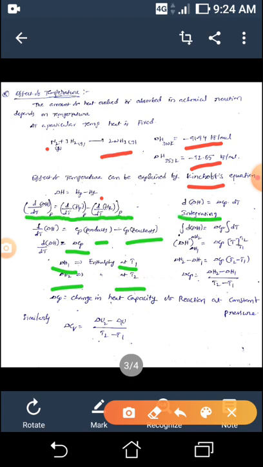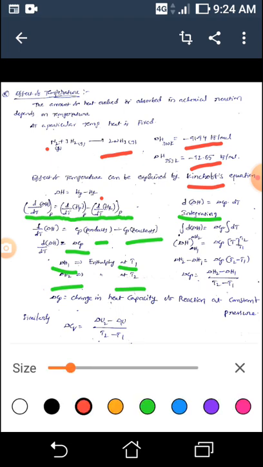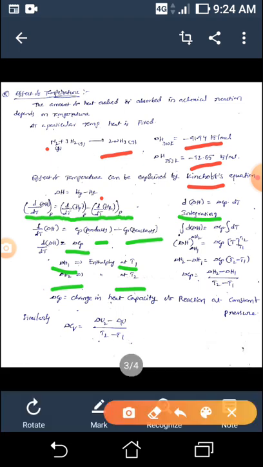On integrating on both sides, the integral of d(ΔH) equals ΔCp times the integral of dT. ΔCp is a fixed value. Integration and differentiation cancel each other, leaving ΔH only, with lower limit ΔH1 and upper limit ΔH2.